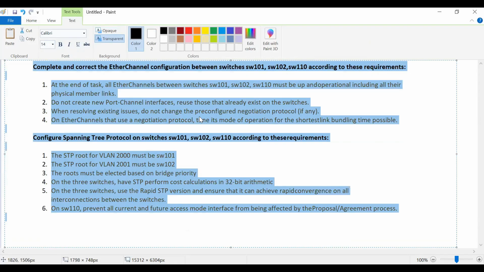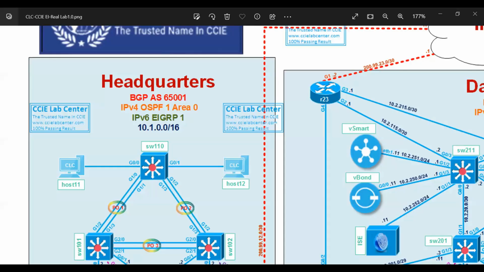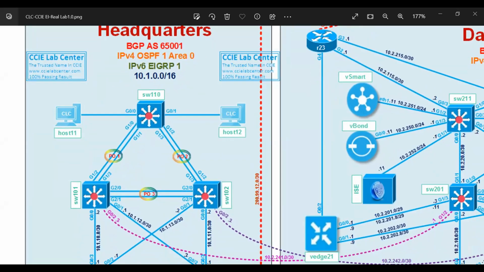Can you see the question? Yes, I can see it. This is a sample question for the lab exam. Complete and correct the EtherChannel configuration between switch 101, switch 102, and 110. As you can see in the headquarter, we have switch 110, switch 102 and 101.